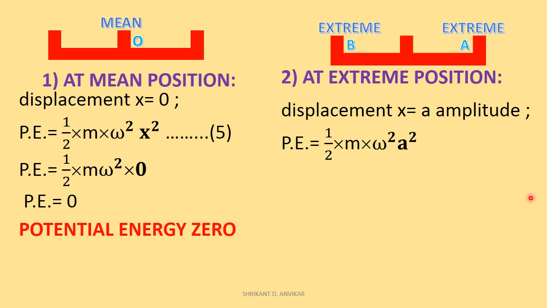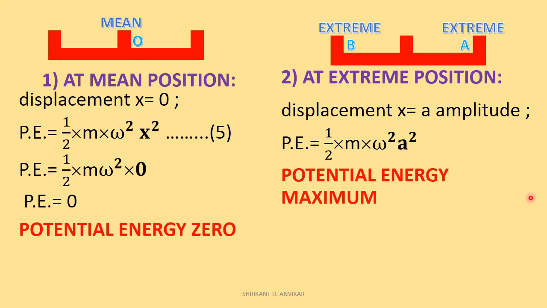This potential energy is known as the maximum potential energy. The particle has maximum potential energy at the extreme position. In this way we find the potential energy at different positions.